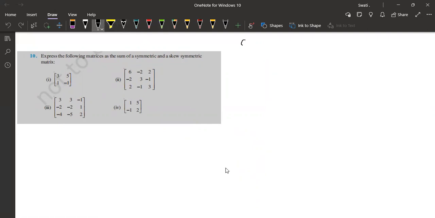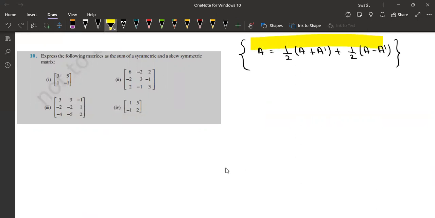And the formula is, you can write down a matrix as the sum of the symmetric and the skew symmetric by using this formula: half of A plus A transpose plus half of A minus A transpose. This is the formula to write down any matrix as the sum of a symmetric and a skew symmetric matrix.